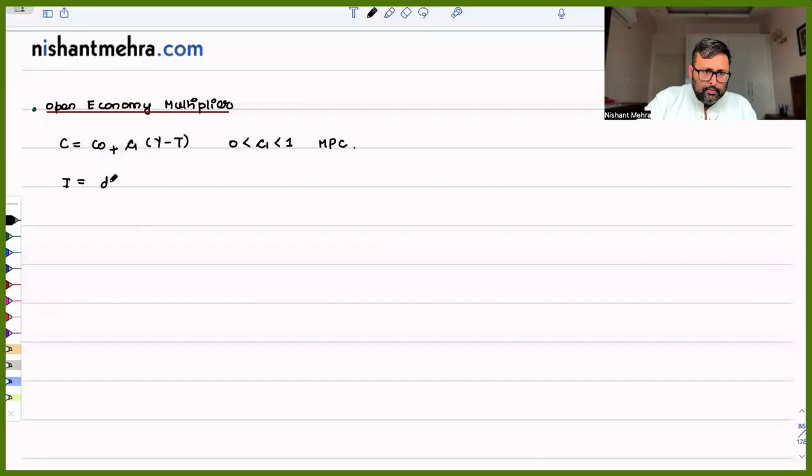Investment is D naught plus D1y minus D2r. D naught is the intercept of the investment function. And D1y is how an increase in income is going to increase investment.